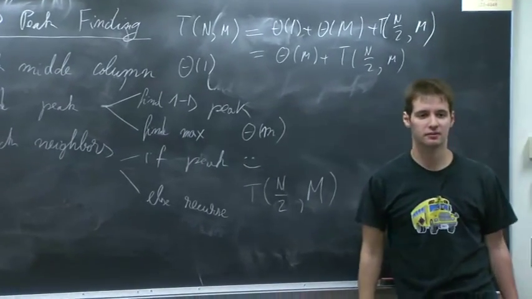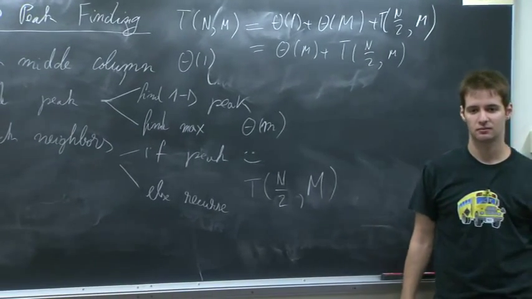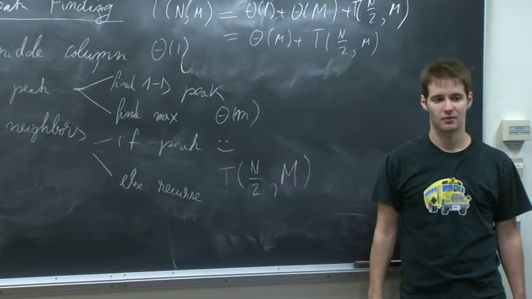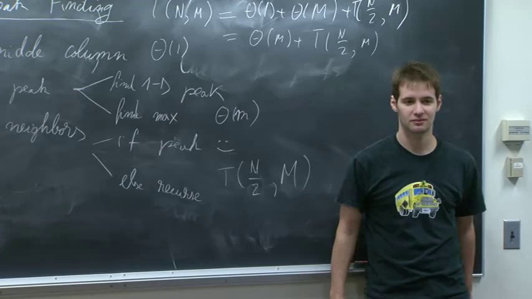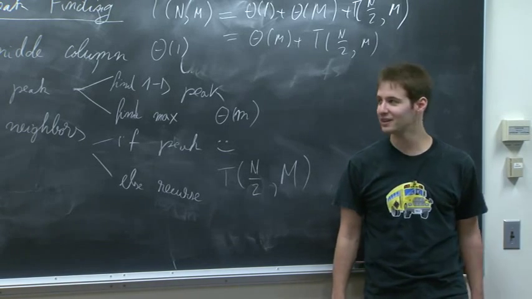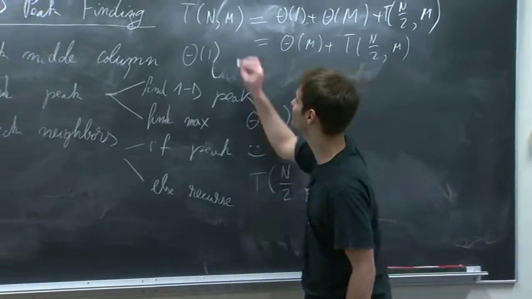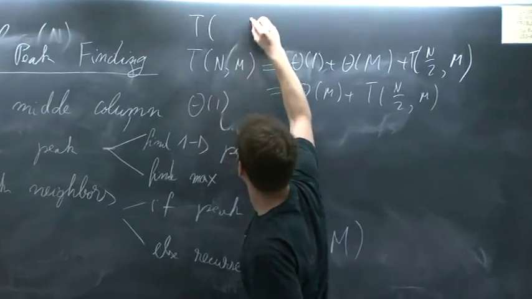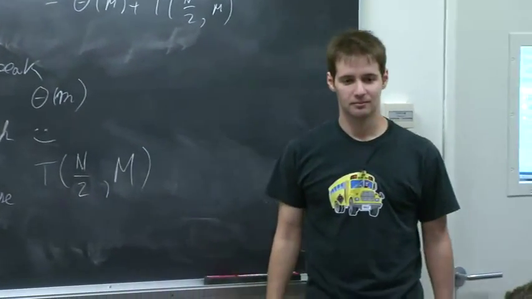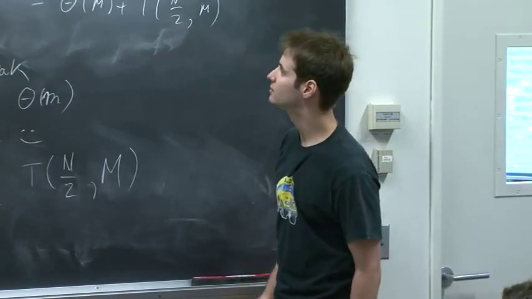How would I solve this? What's the first thing that we need? Yes? You figure out the base case. All right, excellent. Base case. What's the base case? T of 1, m, sorry, T of 1 comma m. Nice.